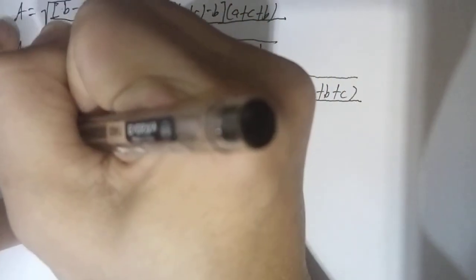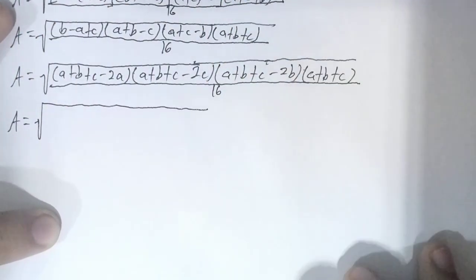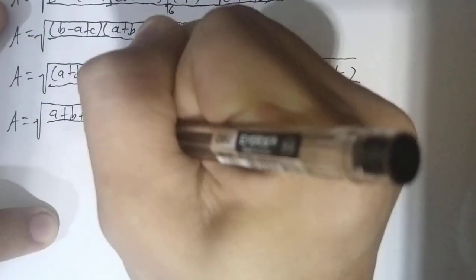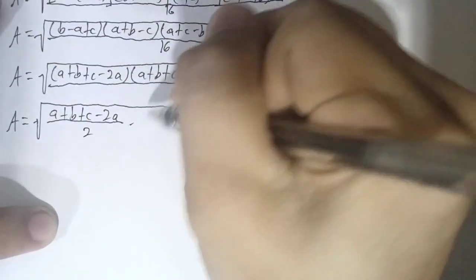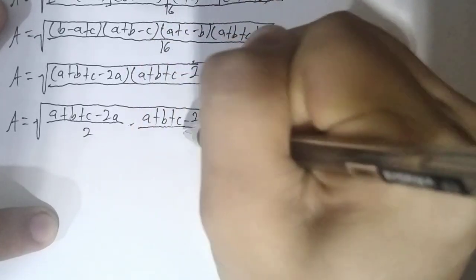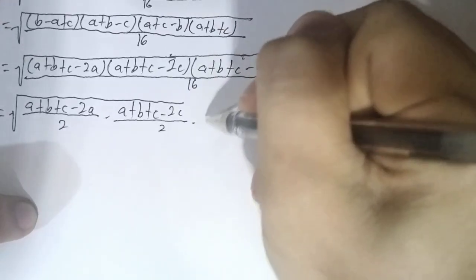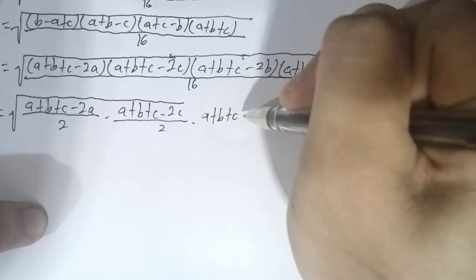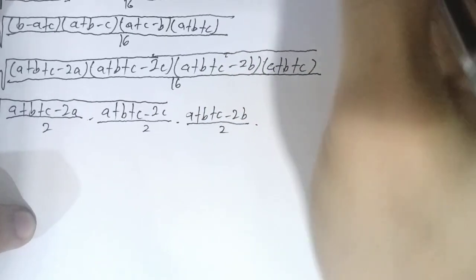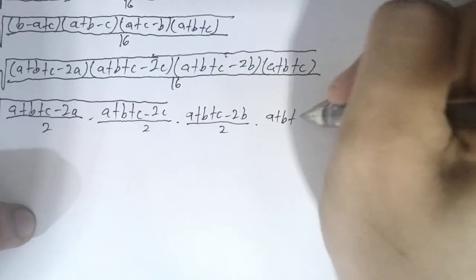So we can rewrite A as the square root of, a plus b plus c minus 2a all over 2, multiplied by a plus b plus c minus 2c all over 2, multiplied by a plus b plus c minus 2b all over 2, multiplied by a plus b plus c all over 2.